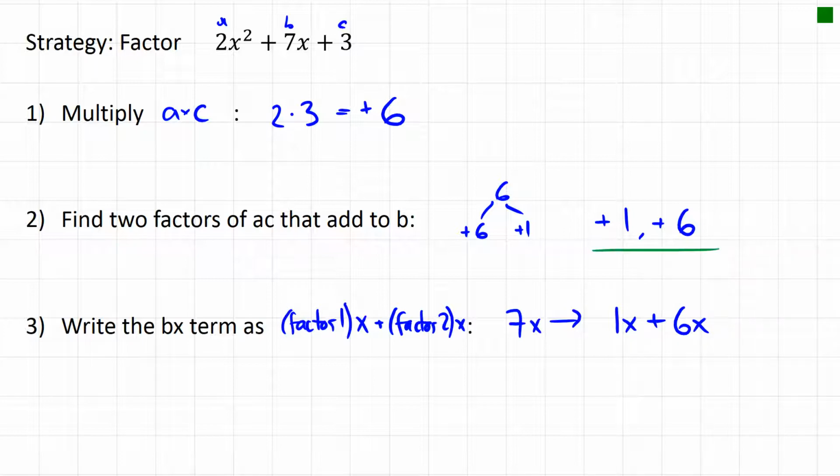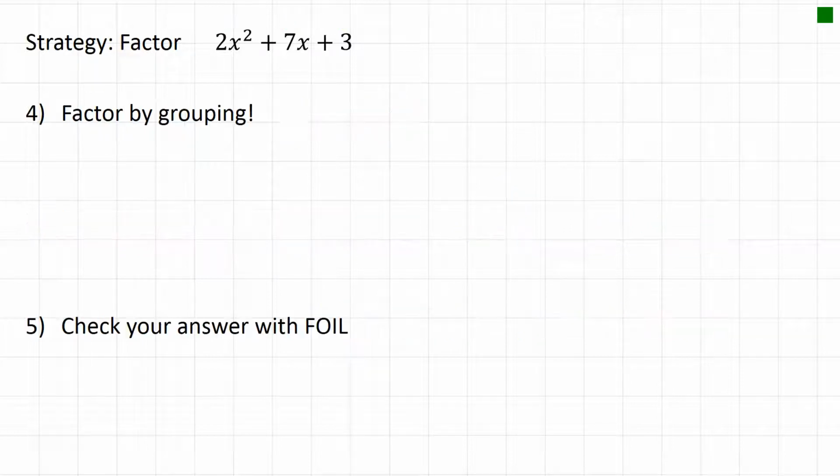These two factors that we figured out in the previous step, we're using them to split apart that bx term. So in our polynomial, we're rewriting it as 2x squared plus 1x plus 6x plus 3. So we've split apart that bx term.